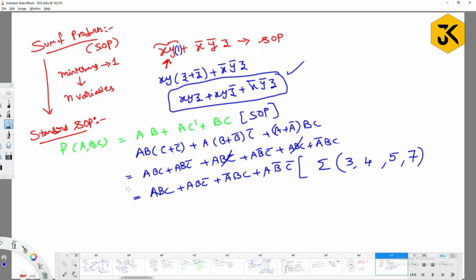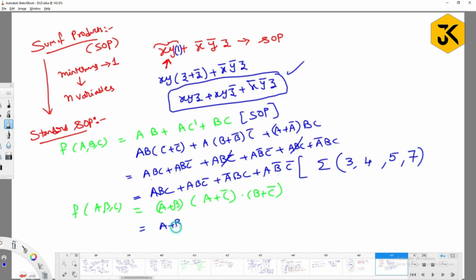For example, you may get the alternative. If I have an expression in product of sums, f of a comma b comma c, as a plus b, a plus c bar, b plus c bar, at that time what can you do? You can again add the non-existing variable.